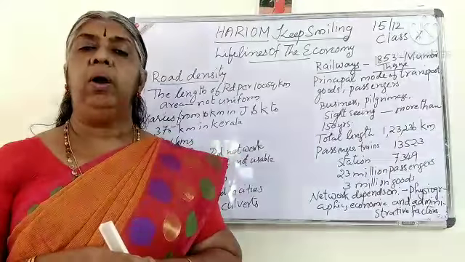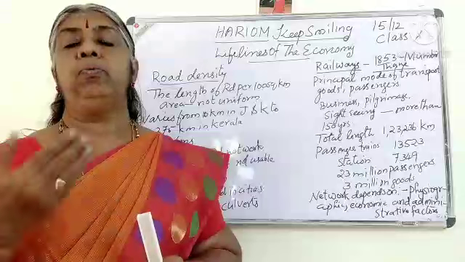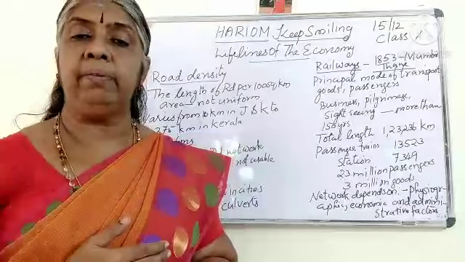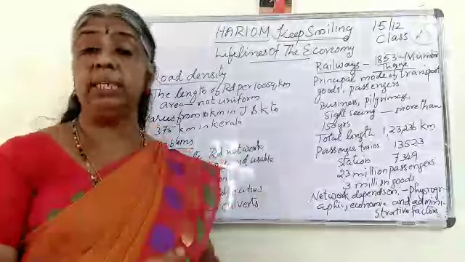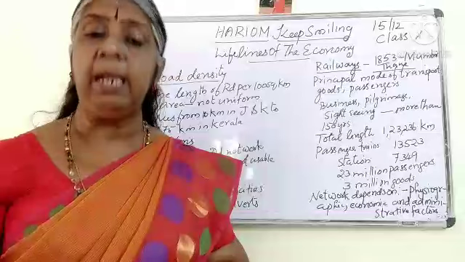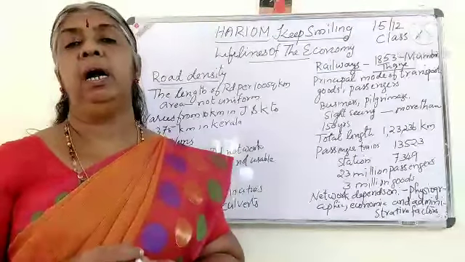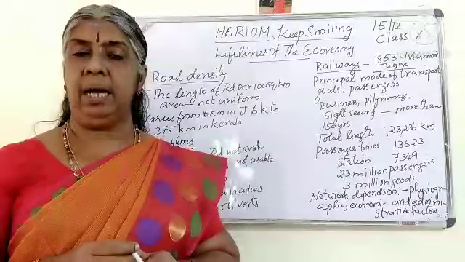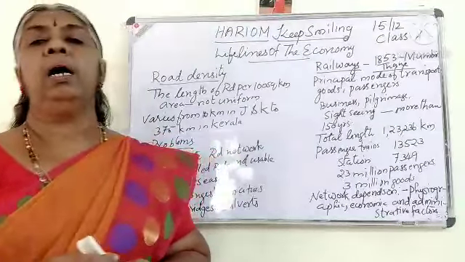Nowadays the number of vehicles has increased 3 or 4 or 5 times compared with 50 years back, or even 20 years back. So the number of people and vehicles has increased very high, and the roads we have now are inadequate for accommodating this number of passengers and vehicles.